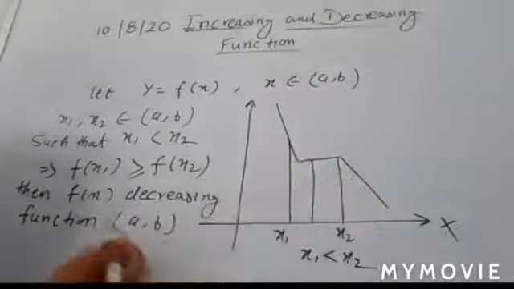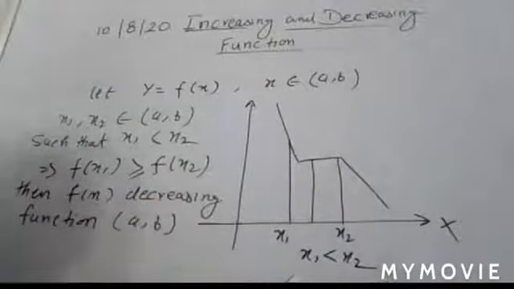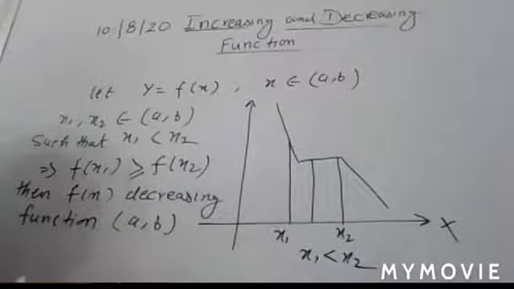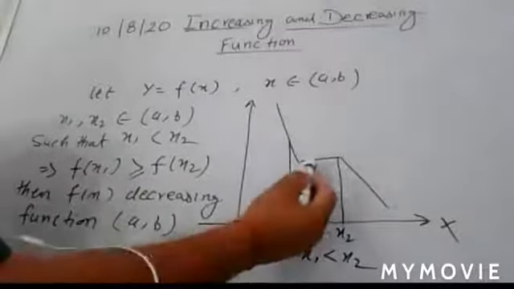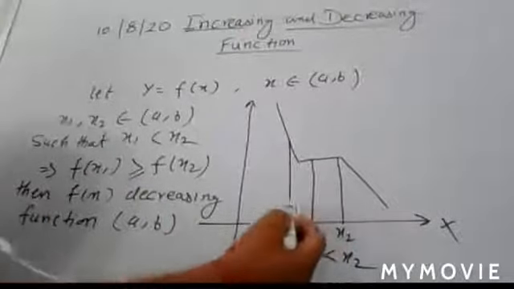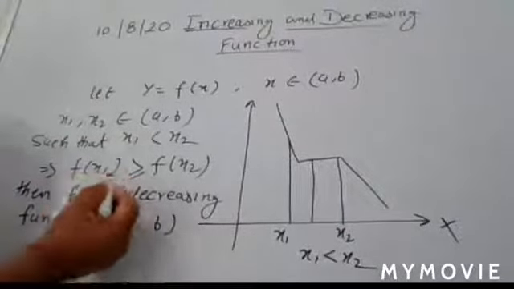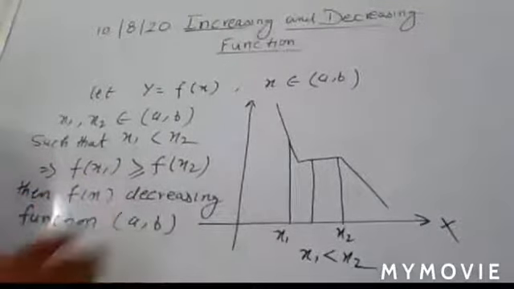Under this condition, you can say the function is decreasing overall, but that is not said as strictly decreasing. In case of strictly decreasing, no values of f(x1) and f(x2) are equal. But in case of decreasing only, there is a possibility that at some values of x you have the same value of f(x). So that's why I take the inequality like that. So you write the definition for decreasing function.